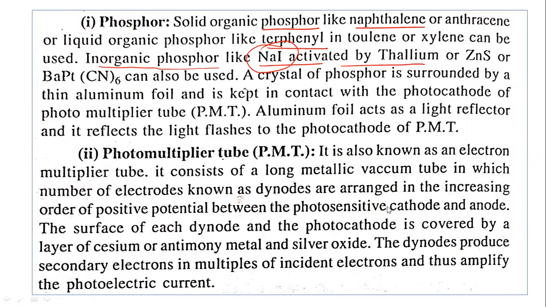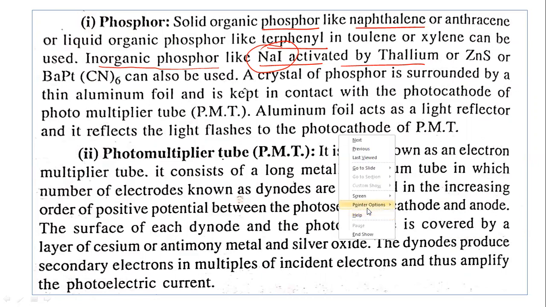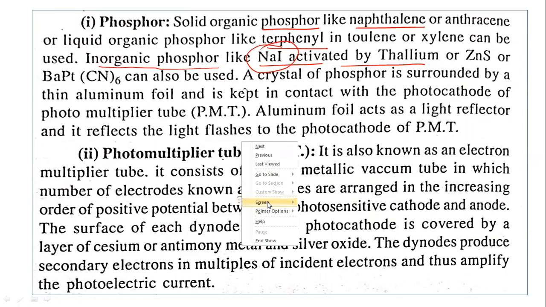So once again I would like to draw here the diagram of the photomultiplier tube, and see what its function is. This photomultiplier tube or electron multiplier tube plays a very important role in the scintillation counter.